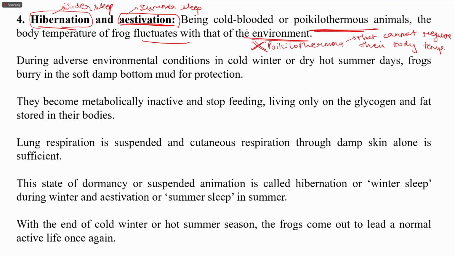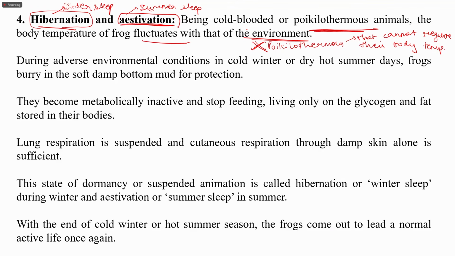These poikilotherms cannot regulate their body temperature, and therefore their body temperature fluctuates with that of the environment. Therefore, in order to escape the extreme heat in the summer season or the extreme cold during the winter season, these animals undergo hibernation, that is winter sleep, or estivation, which is the summer sleep.